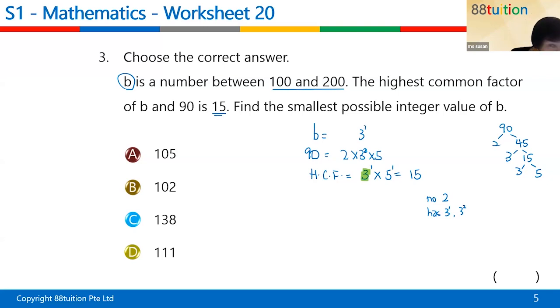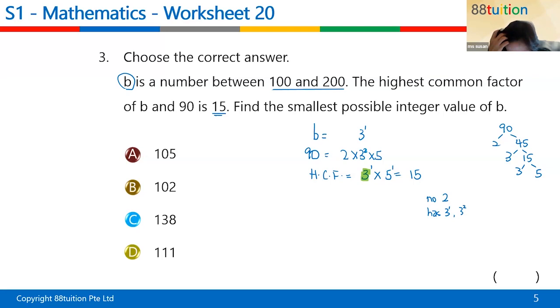All right. So then after that, you need to have 5 to the power of 1, or 5, even if you choose the lowest power of 1. Okay. So it must have 3 to the power of 1.